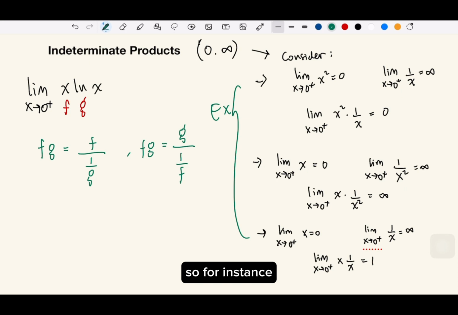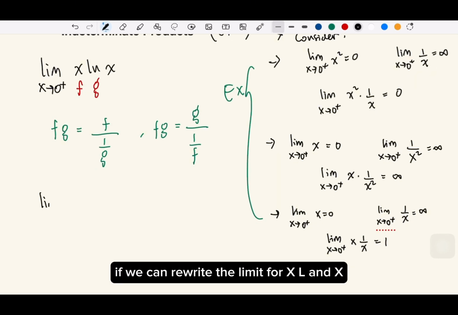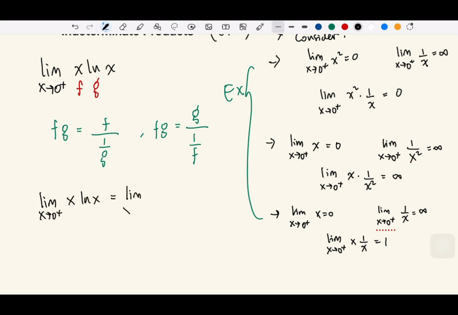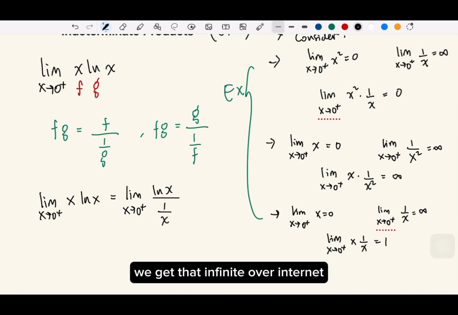So, for instance, if we can rewrite the limit for x ln x, we can have infinity over infinity if we write it like this, which we can apply our L'Hopital rule.